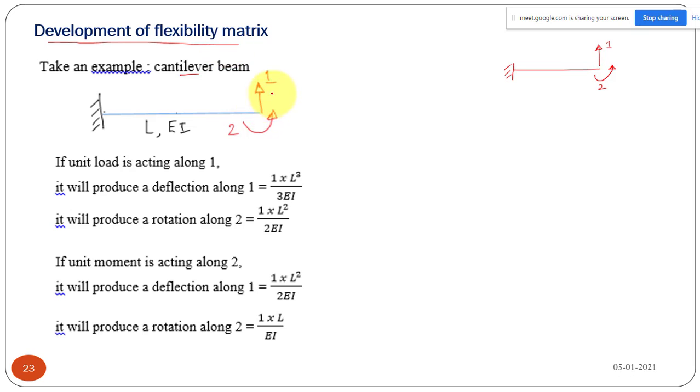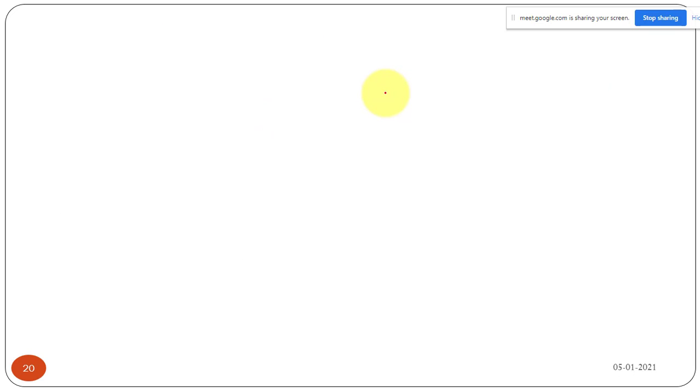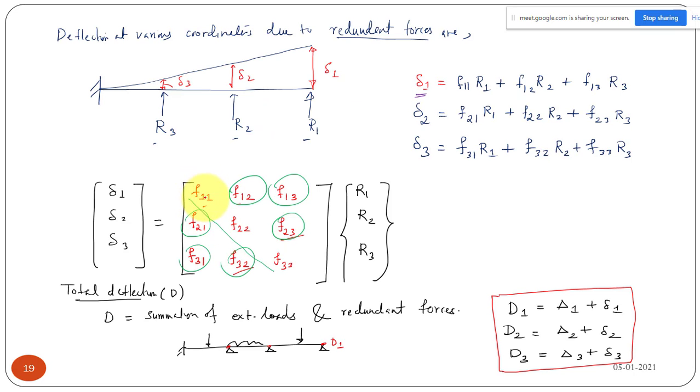Here we have two displacement components, so our flexibility matrix will be a 2 by 2 matrix. What will be the elements of that matrix? You can write F11, F12, F21, F22. These are the elements of the flexibility matrix. You can see the third one: F11, F12, F13. It is simply a matrix.